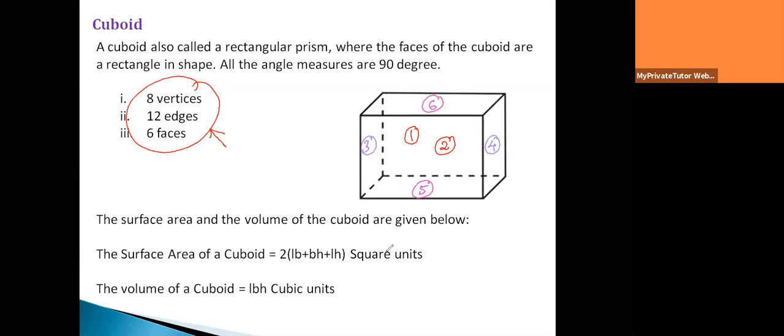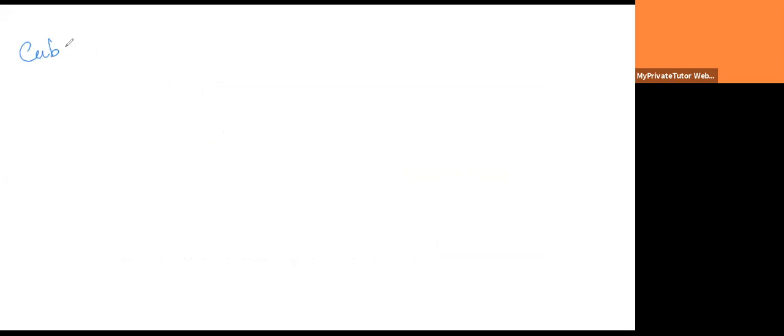I don't recommend you learn these formulas, but instead I will explain how to get this formula, or how to find the surface area and volume. I hope you just learned the definitions.